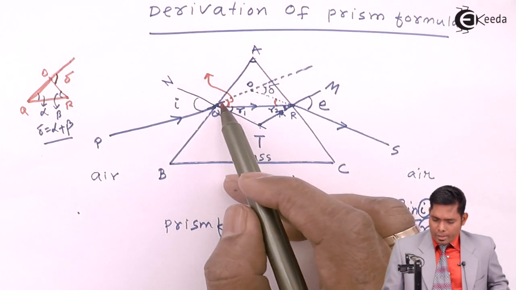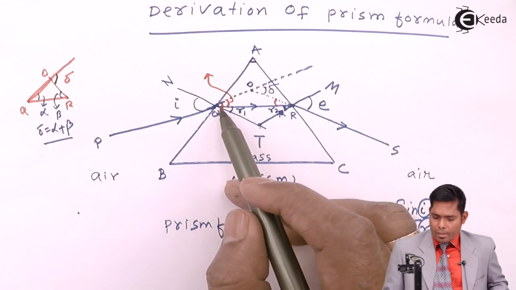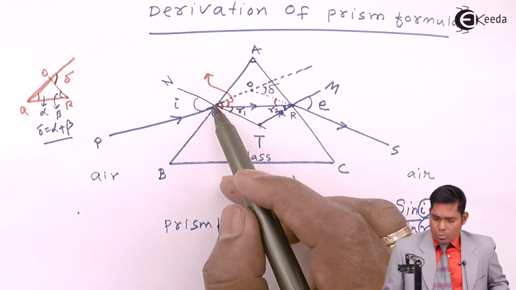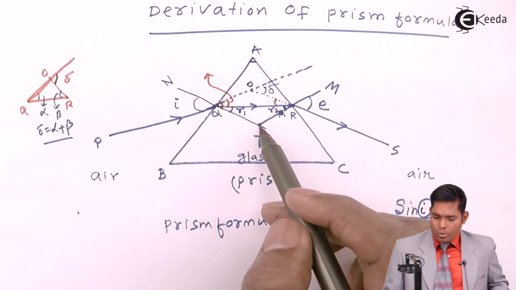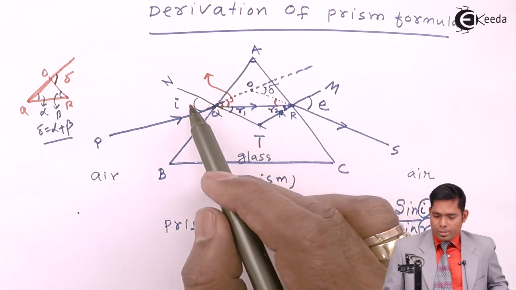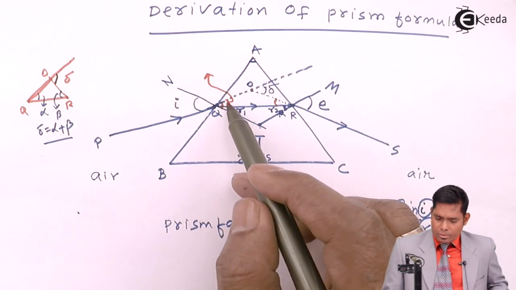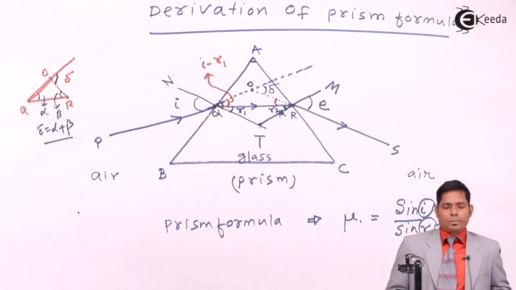So this full angle is i. From i you subtract r1. Because this is i, the whole thing will be i: angle ONQP is i, so therefore angle OQT is also i. Opposite angles. So if this is i, subtract this r1, we are left with i minus r1. So this is the angle.